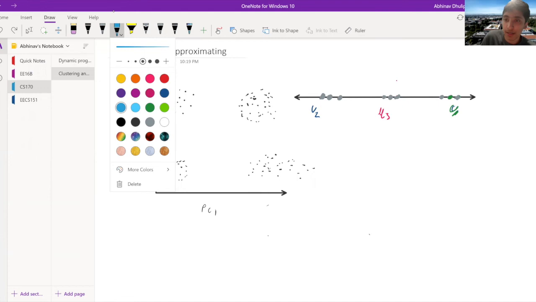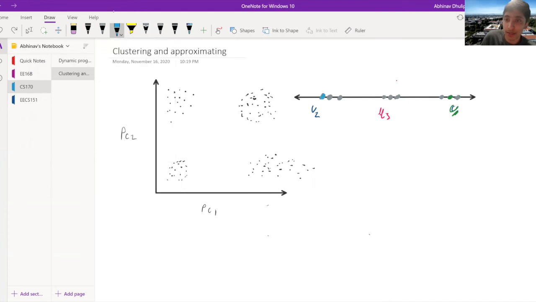So we go here and we cluster them here. And I'm going to label these center points U1, U2, and U3. And so now for U3, I want a point that is the farthest away from both of these. So what's the point here that's the farthest away from both U1 and U2 combined, i.e. maximizing the addition of the distance between U3 and U1 and the distance between U3 and U2?